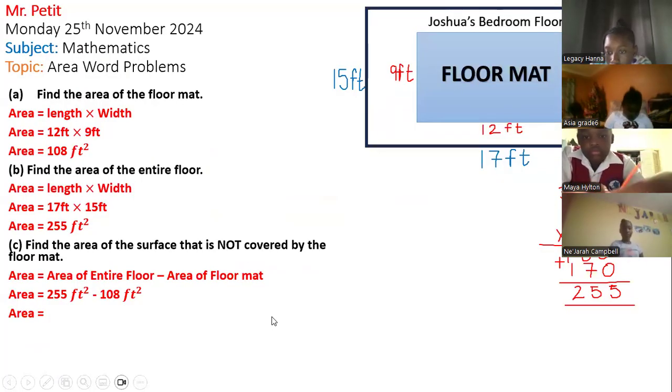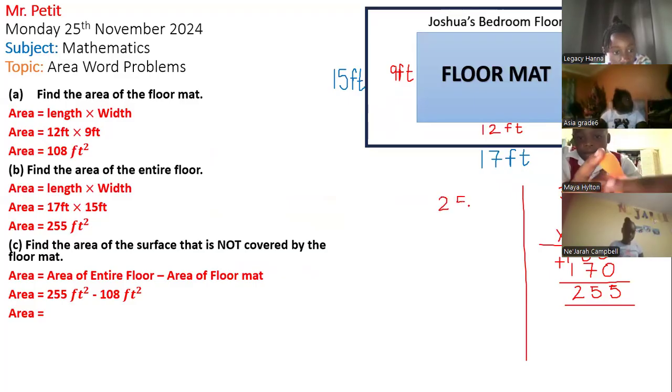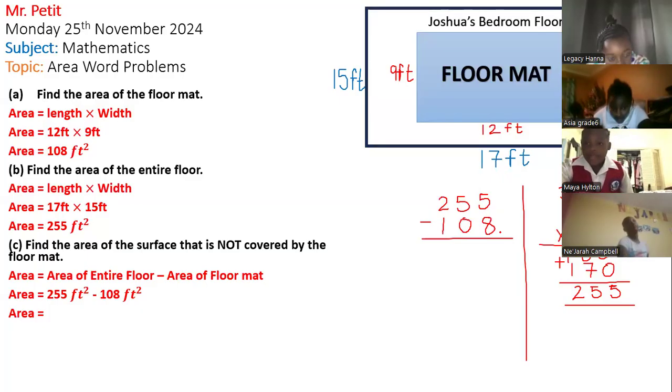Let's go ahead and subtract. So we have 255 minus 108. 5 minus 8, can we do that? No, so we have to regroup.